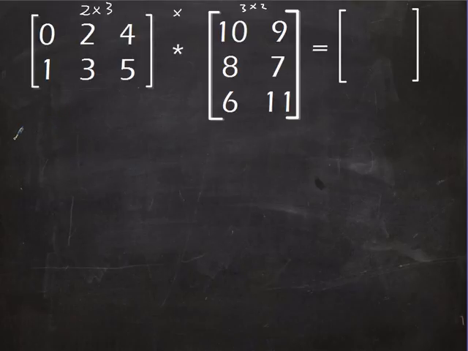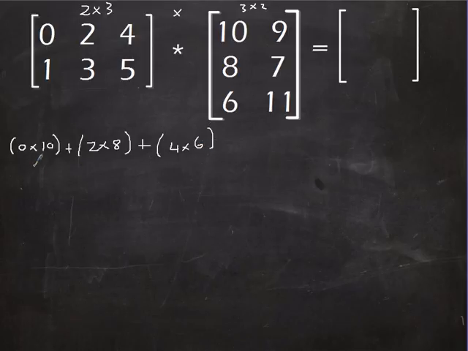This one will give us, we're going to be adding up a lot of different multiplications, so we call that a sum of products. So the first product is 0 times 10, and then we add that to 2 times 8, and then we're going to add that to 4 times 6.